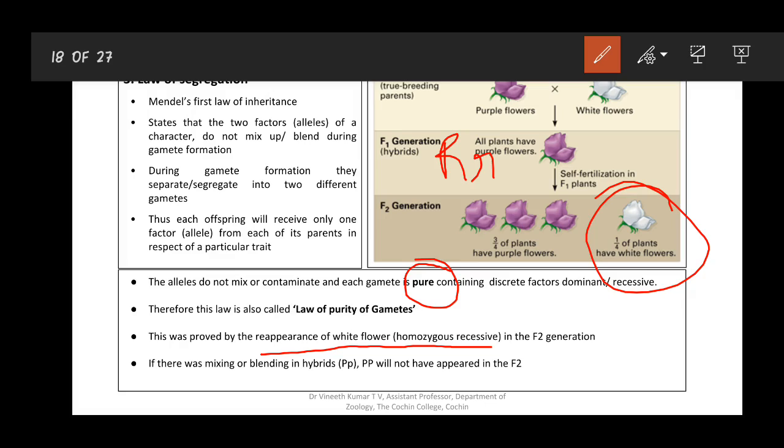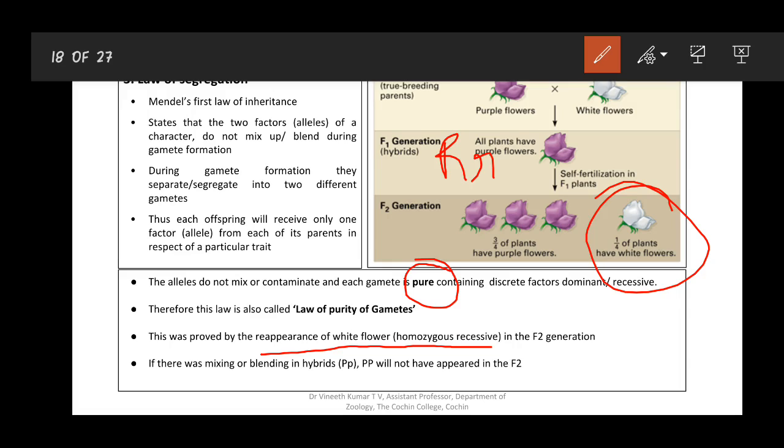Because the white flower color appeared in the F2 generation, it is clear that the gametes are not mixing up, they are retaining their individuality and they segregate into different gametes. And because each of the factors remains pure without blending, this law is also called the law of purity of gametes. Is this clear?